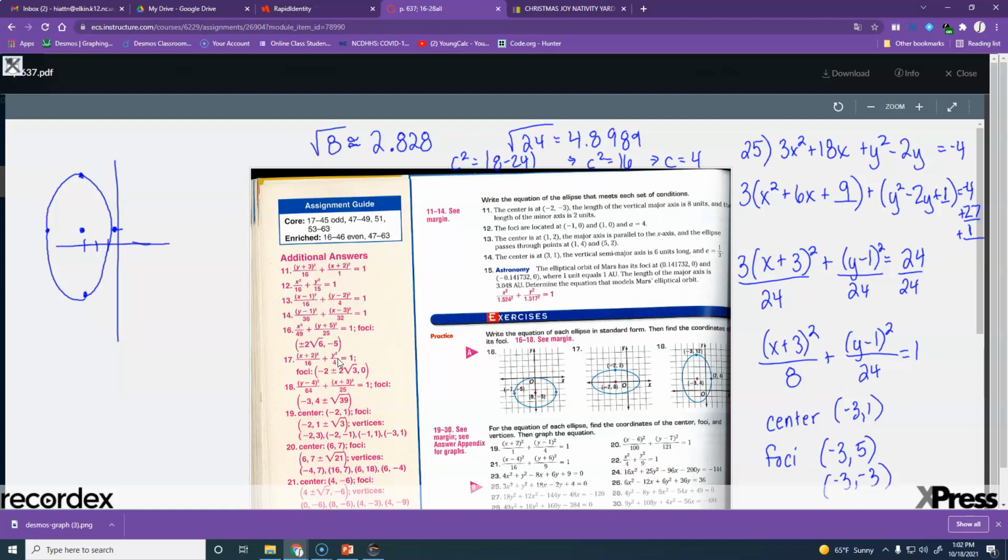And let's say for this one, it's okay with me if you only graph the odds for these. And 16 through 28.